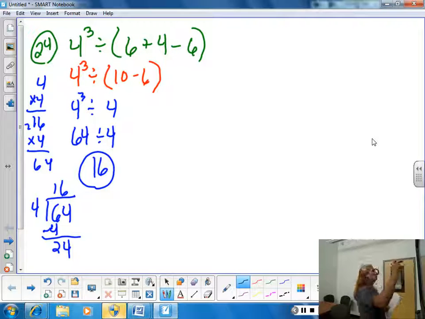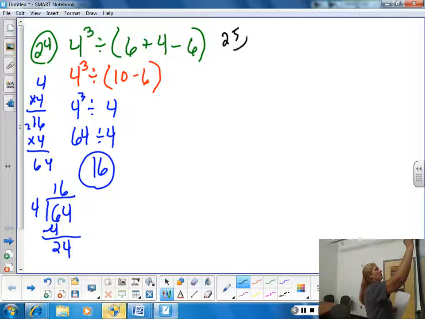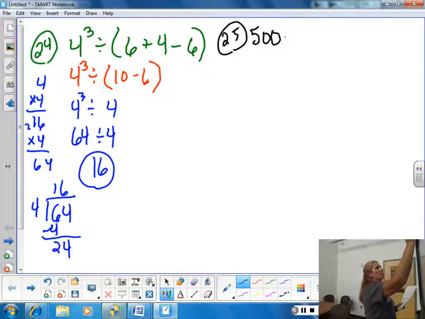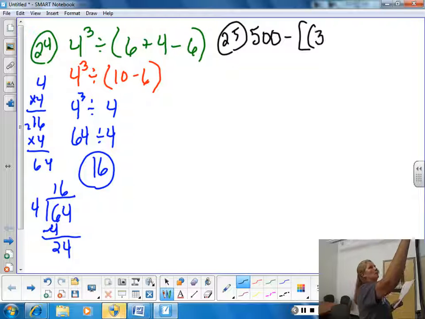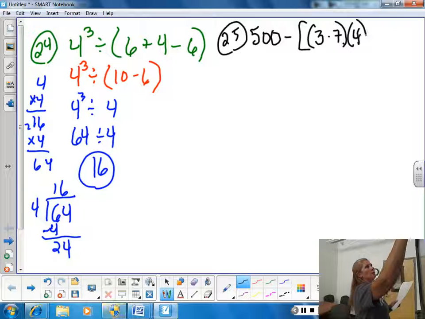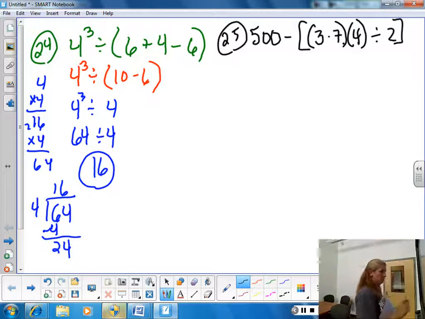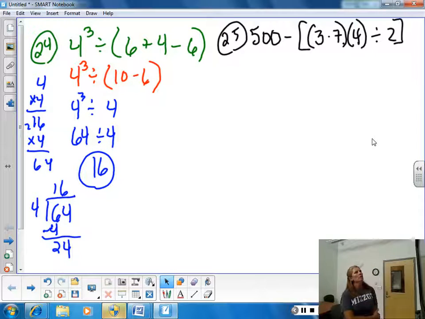Okay, number 25. Something like this: 500 minus 3 plus 7 times 4 divided by 2. Well, you've got a subtraction.